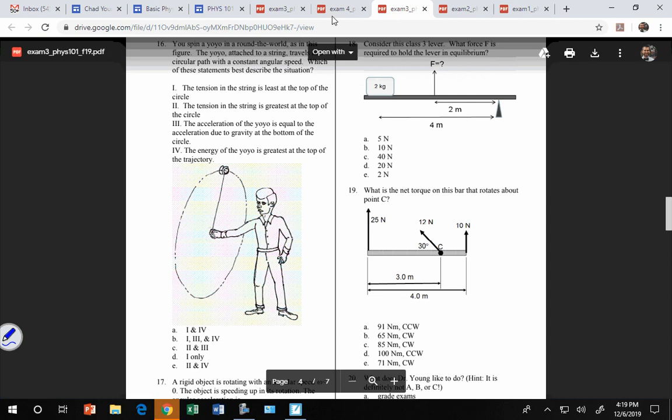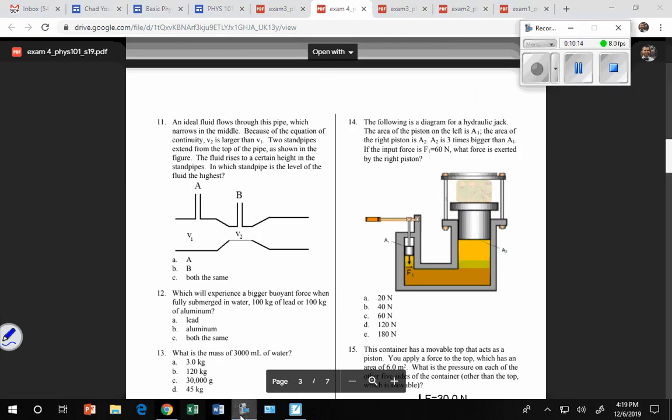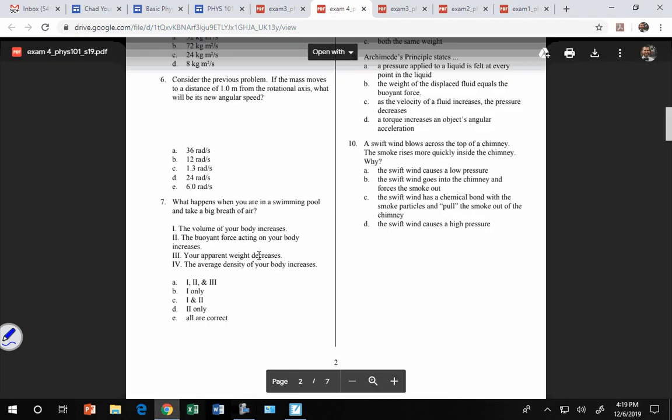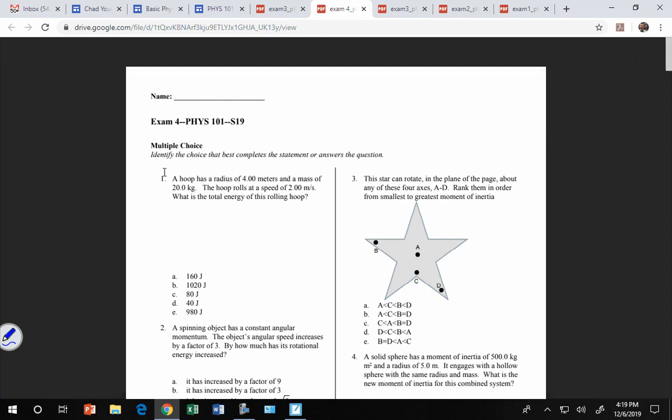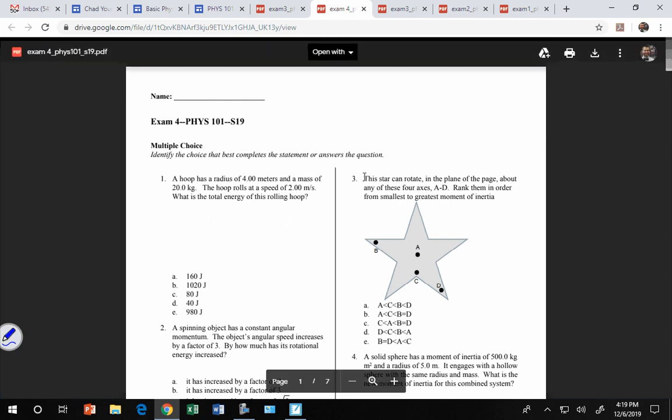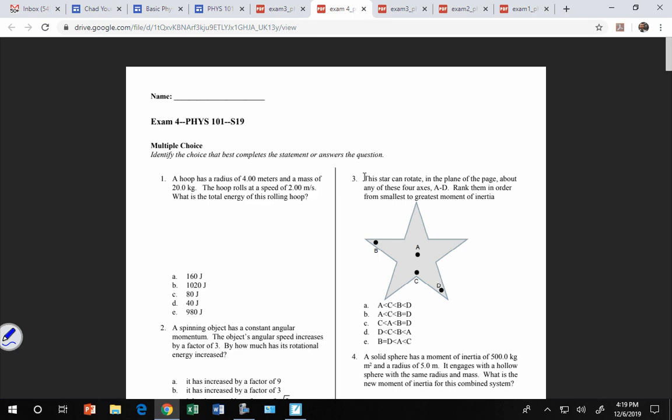All right, let's look at exam 4. Exam 4. Why did y'all miss this number 1? It's one of the more heavily missed questions. It's not hard. The energy is 1/2 mv squared plus 1/2 I omega squared. The only hard part is you have to figure out what I and omega are.